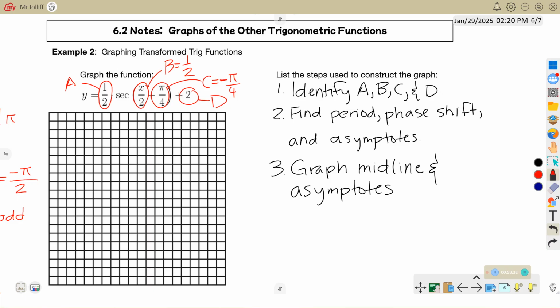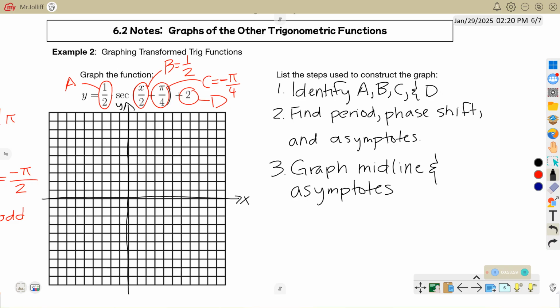I don't have an axis up here. Let's put an axis on here. Y and X. Yours doesn't have to be in exactly the same spot, but we need a coordinate axis before we can shift stuff. So on Y, I'm going to count by ones because that makes sense.